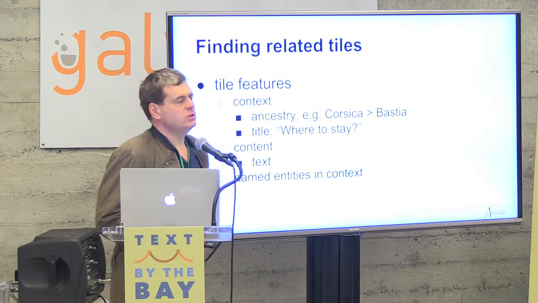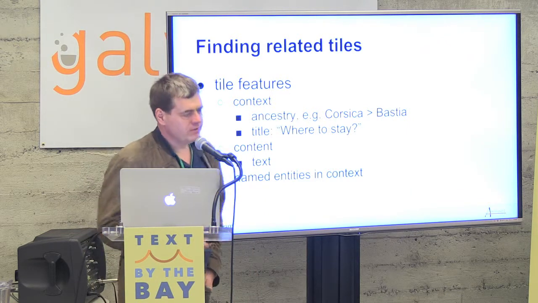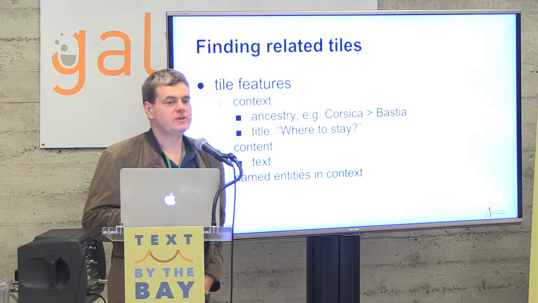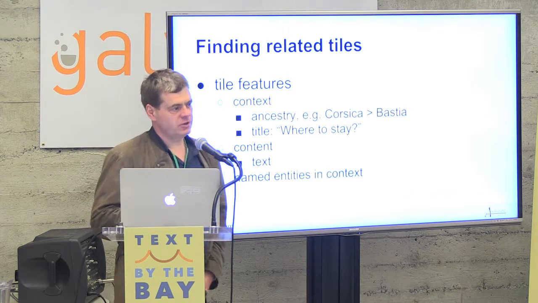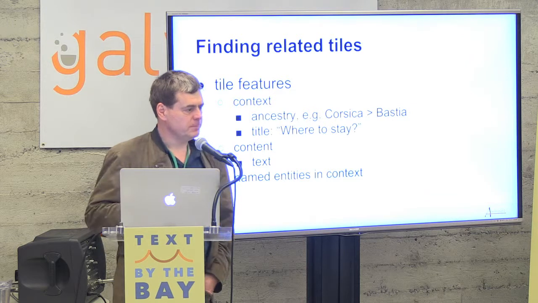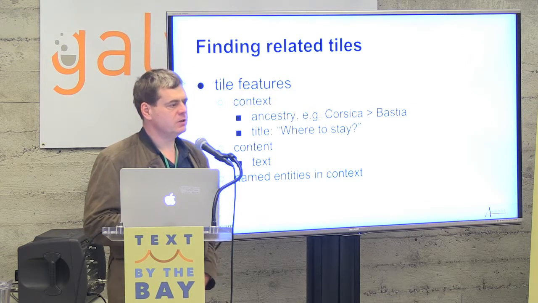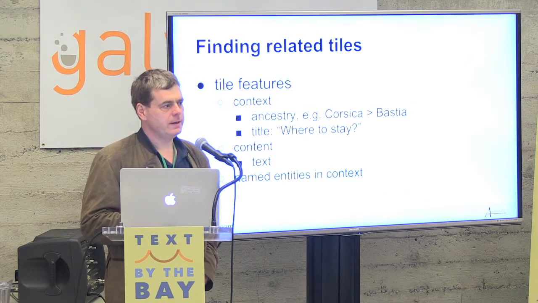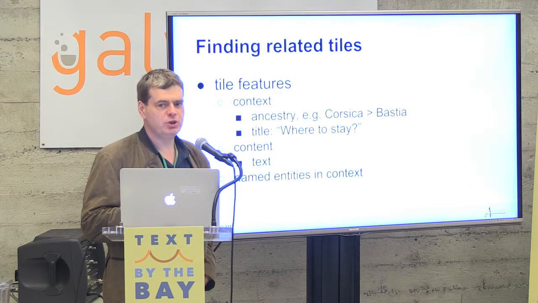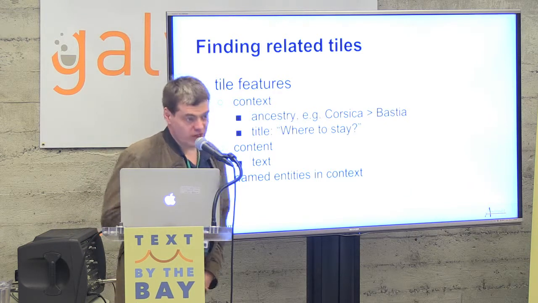And also the content of the tile will be a source of features to be used in matching tiles. But I'm not so much interested in clustering tiles, but rather for each individual tile finding what should be shown to users to be really most helpful.